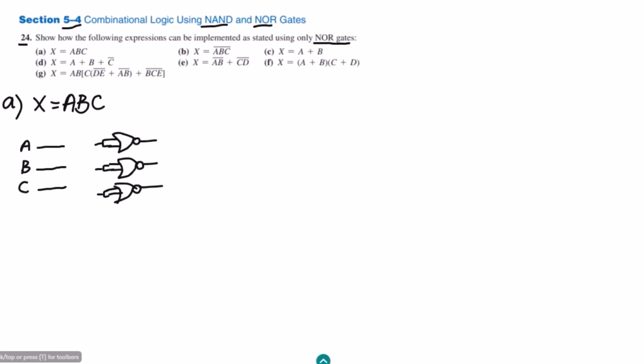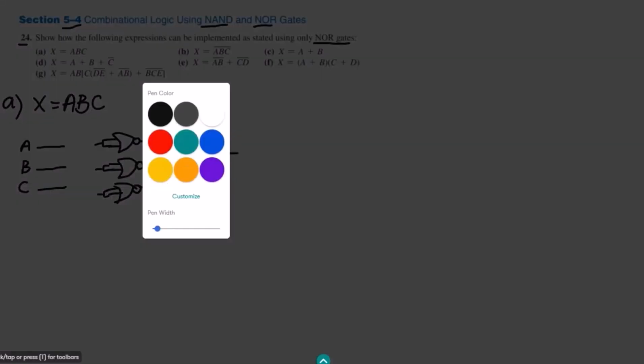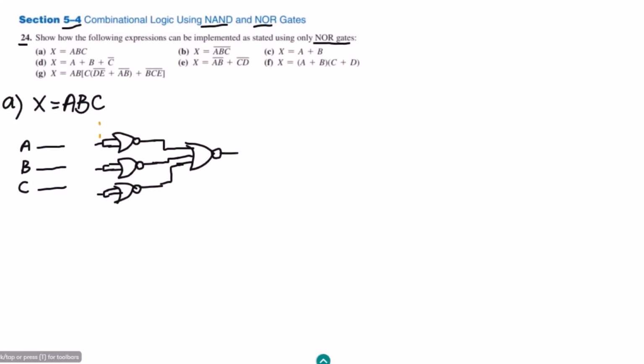After it, these are given to another NOR gate, which is a three input NOR gate, because we have to connect these three outputs from these three gates to it. So this is just like an AND gate, an AND gate composed of all NOR gates.